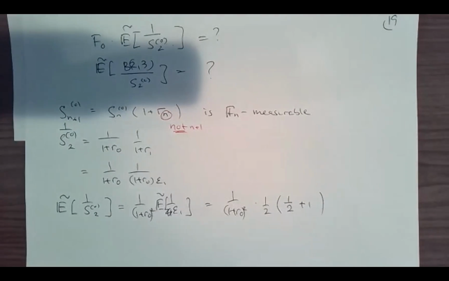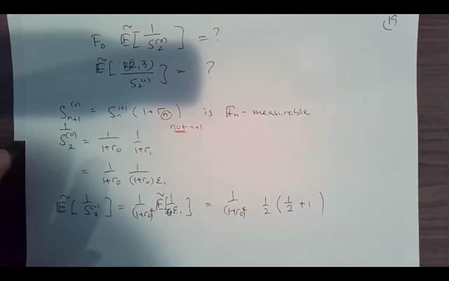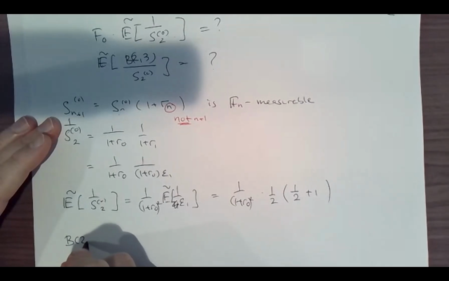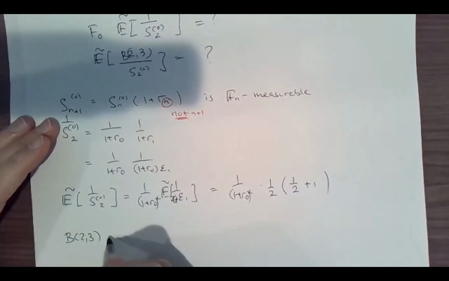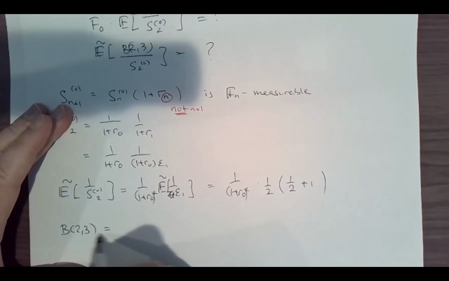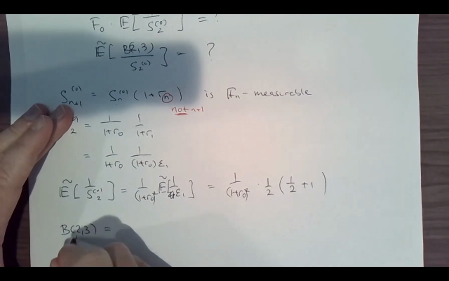How would we get the second one? Well, we need to remember what a zero coupon bond is. The zero coupon bond B23 is equal to what? So this is the price at time 2.